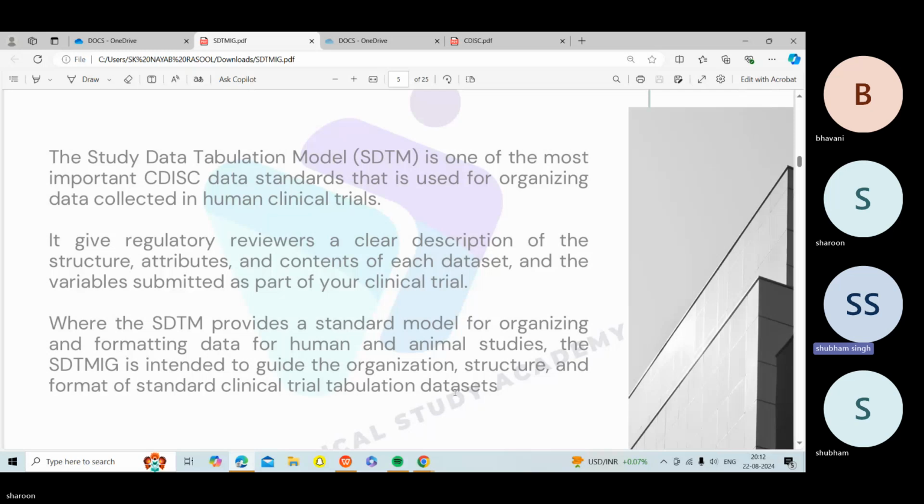The SDTM IG is intended to guide the organization, structure, and format of standard clinical trial tabulation datasets. In short, the name itself contains the whole story: SDTM, Study Data Tabulation Model. So the data we are collecting for this study, how to tabulate it, how to standardize it.